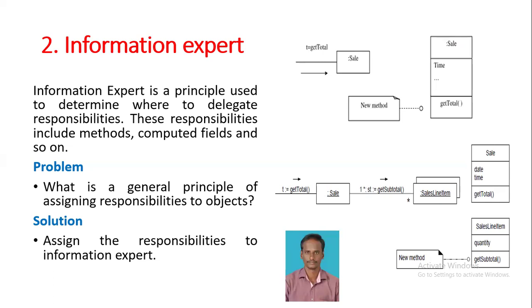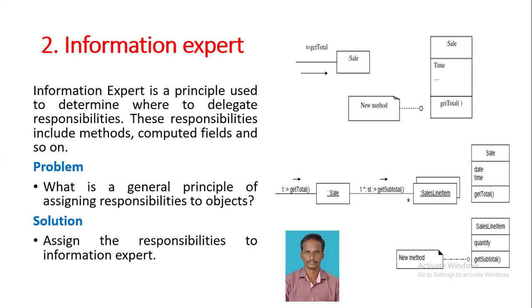Only then can we know the total. For that, they have added a subtotal to the SaleLineItem. Already we have a total in Sale, but we cannot directly say what the total amount purchased is. For that, we need to know the quantity. Based on the quantity, we calculate the subtotal for each item, then sum all of them. Finally, you can get the total.